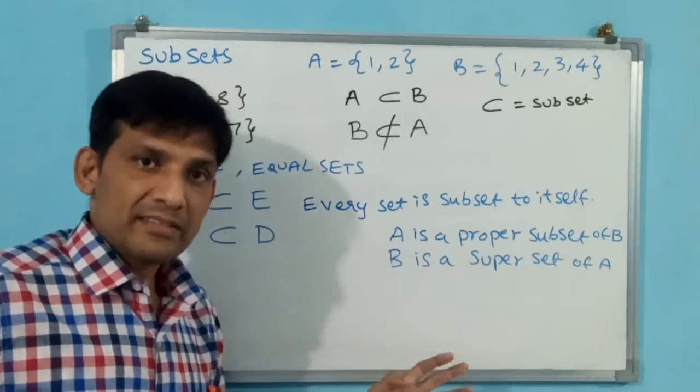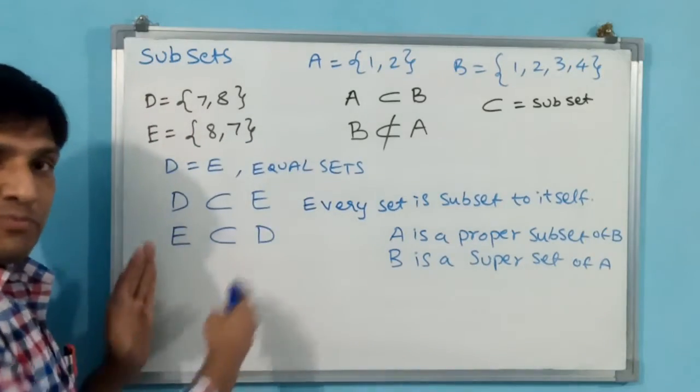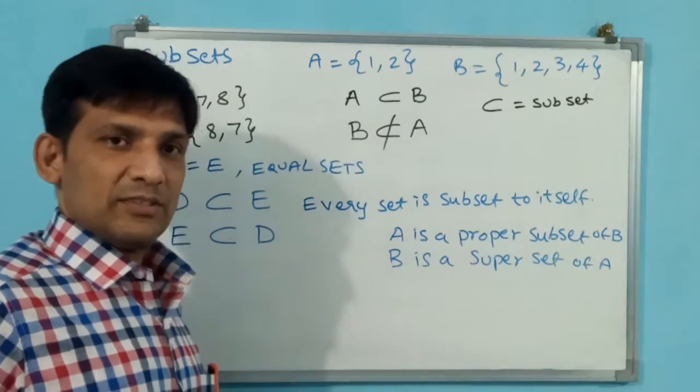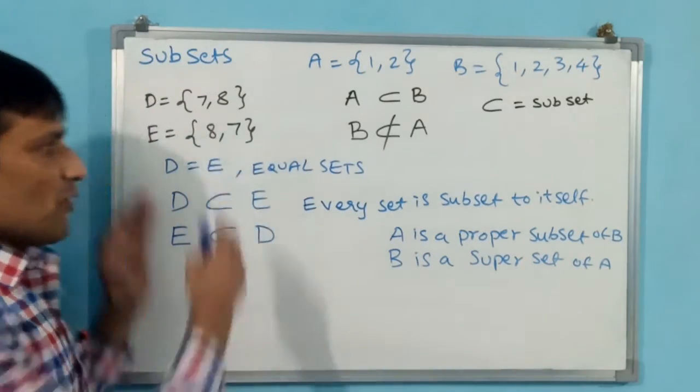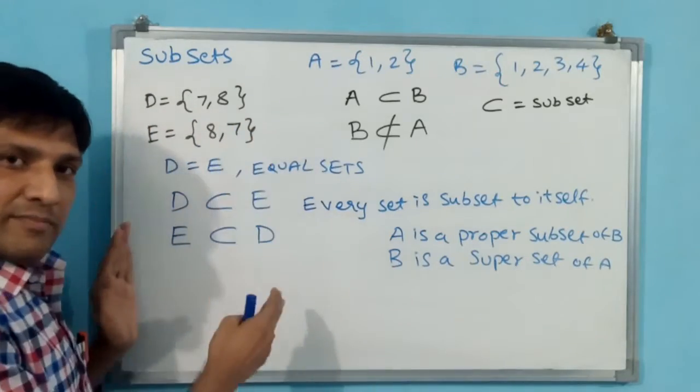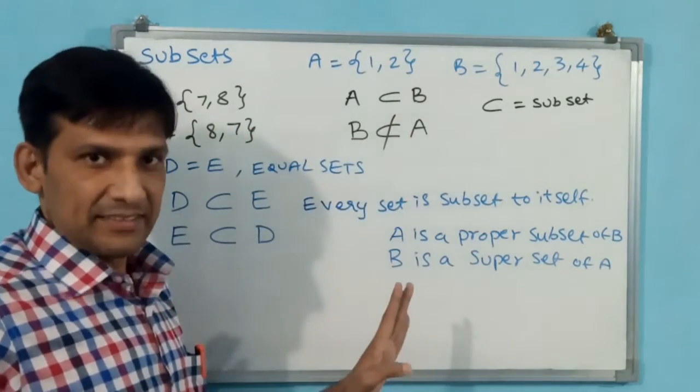When these have become subsets, then these have become proper subsets and supersets. Because of these only they have become so. Until these came, only subset was there.